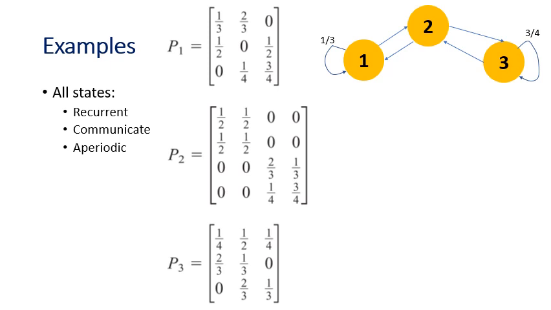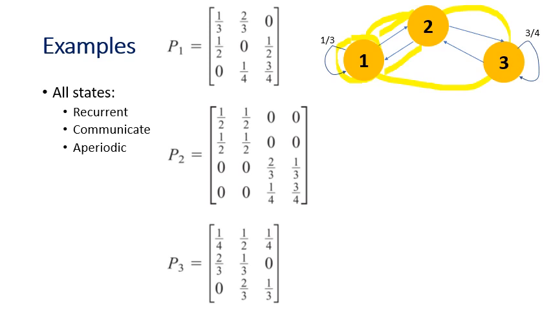And it is aperiodic because, for example, if you start from 1, you can go back to 1 in 2 steps: 1 to 2, 2 to 1. You can also have 3 steps.